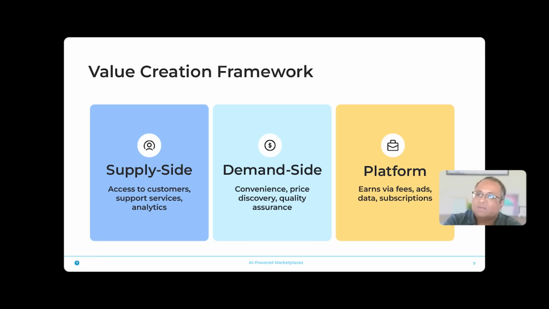If I were starting a two-sided marketplace today, I would build all this natively in my app or on my website, because this is what people expect these days, right? People expect the ability to chat their question and then get an answer immediately.